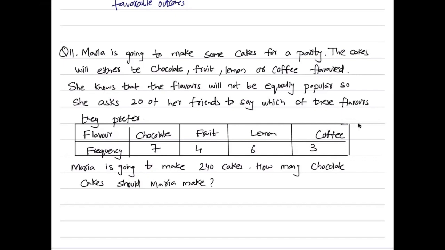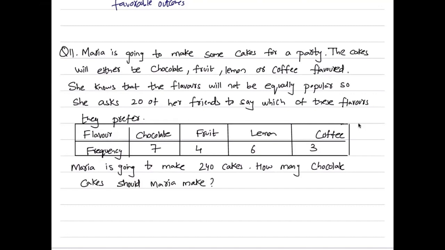If she wants to make some cakes for the party, she is not thinking that she's going to make an equal number of each flavor. She thought that not every flavor might be that popular. So she called 20 of her friends and asked which flavors they prefer.